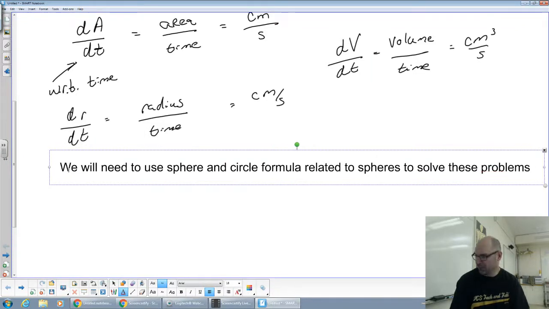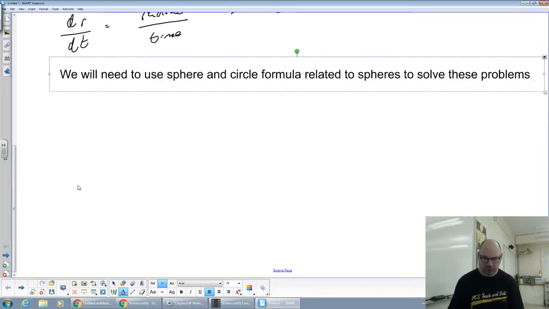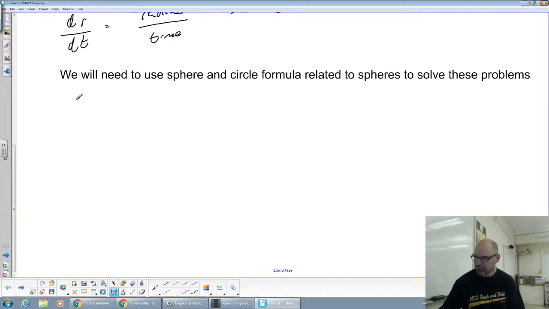Okay, so you don't have to memorize these. I will put these on a formula sheet, but what are the sphere formulas that we're going to have to use? Well, volume of a sphere, 4/3 pi r cubed, remember pi is a number. R is the radius. That's the volume.